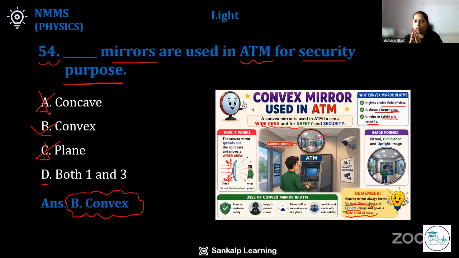But if object is far away then it forms real and inverted image. Therefore, this is not preferred. And it forms enlarged image when object is nearer to it. Option D, both 1 and 3, wrong. Correct option is option B, convex mirror.